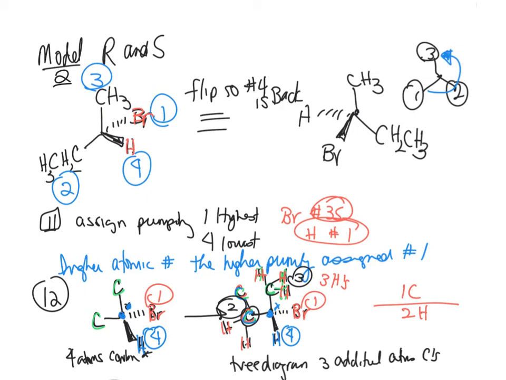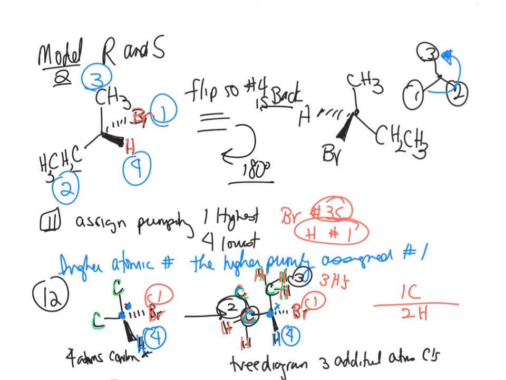Okay, so in this molecule, you see at the beginning the hydrogen's in front. What they're doing is flipping it, so the hydrogen's now in back. You call it a flip, but it's a rotate. Okay, you rotate it 180 degrees. So you take this molecule and you rotate it 180 degrees.